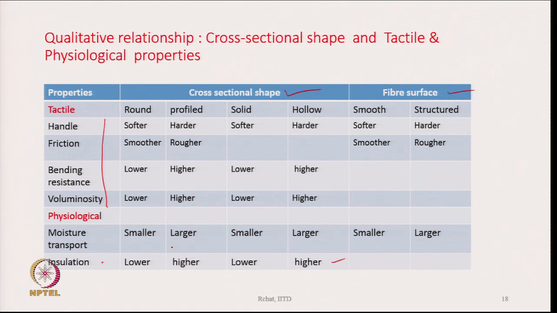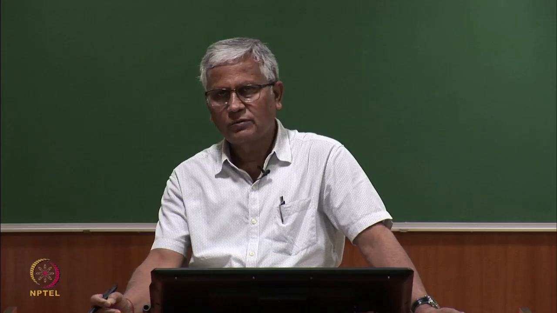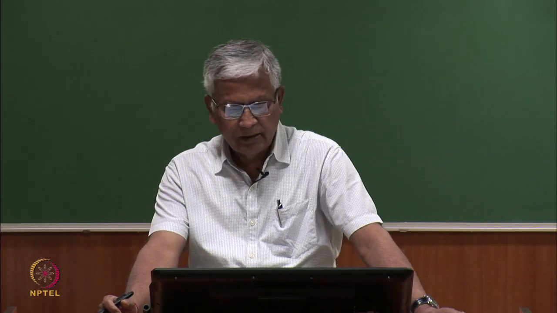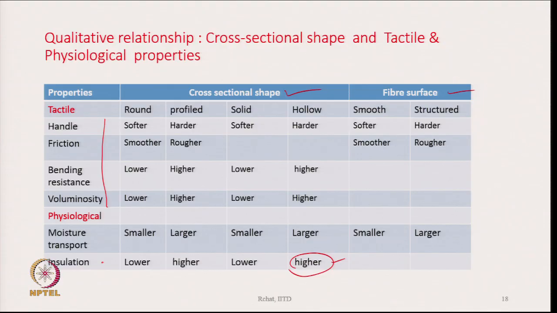So, insulation property, let us say, is very high with hollow fibers. Why is it high with hollow fibers? Because the void space will contain a lot of air, and therefore the hollow fibers will give you very high insulation, because the hollowness is not only there between fibers, within each and every fiber there is a hollow part.